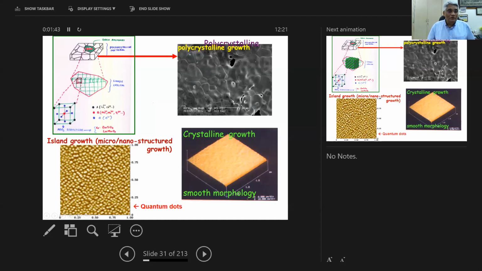So this, in one way, is also a polycrystalline way in which the material forms, which is different from this just in the sense that the size scales are different. These are called nano dots. The nano dots formation is what you see here.